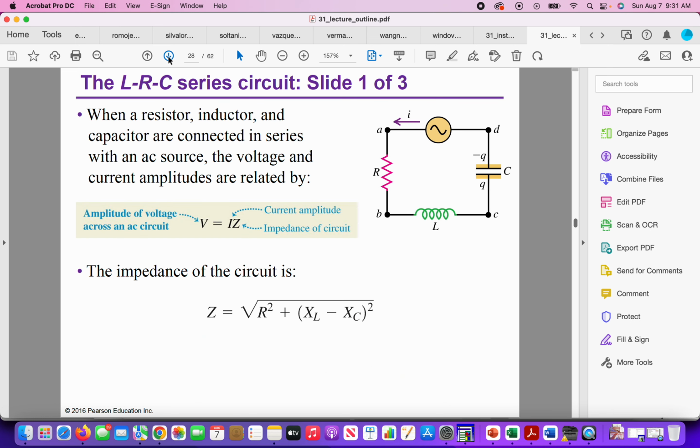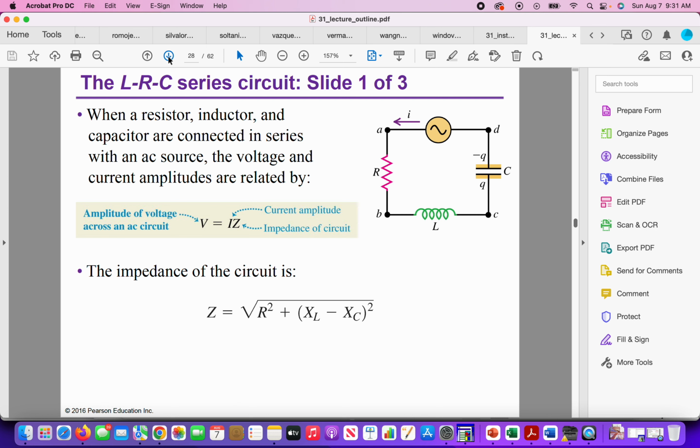This is very interesting. Now when we have all the components together, it is an LRC circuit. LRC stands for inductor, resistor, and capacitor, all connected in series with an AC source.